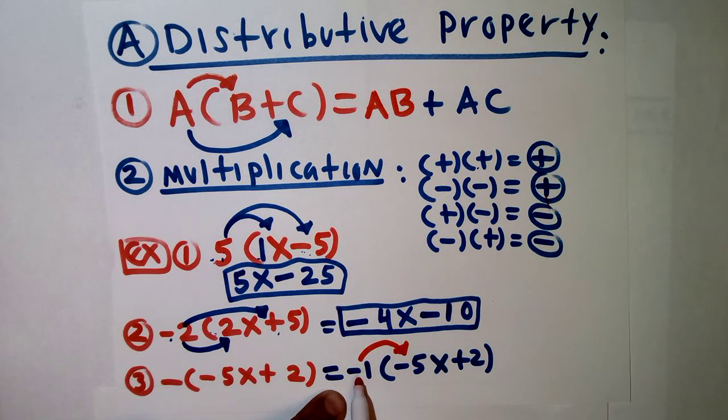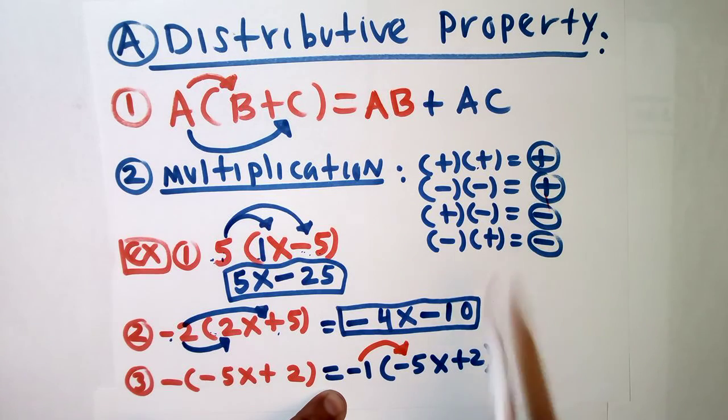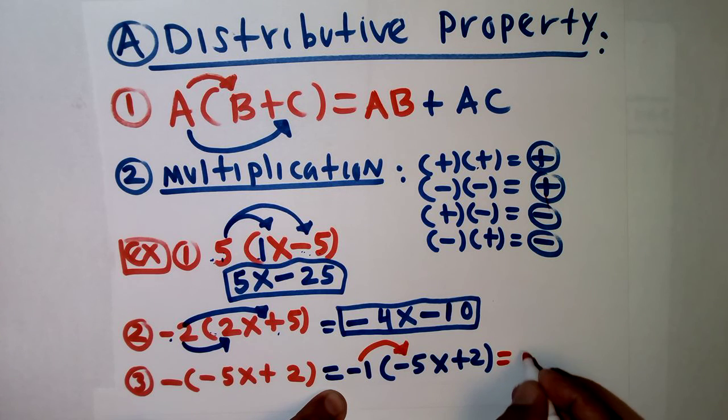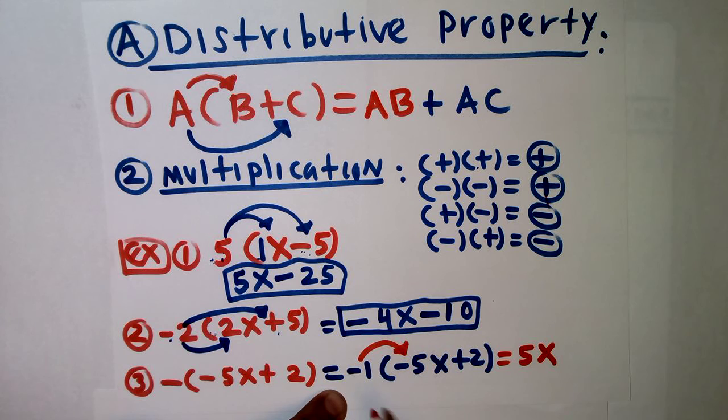The outside is negative and the 5 is negative. They're both negative, so you get positive. Keep that in mind. So what is 1 times 5? Positive 5x. Again, negative and negative give you positive, and 1 times 5x is 5x.